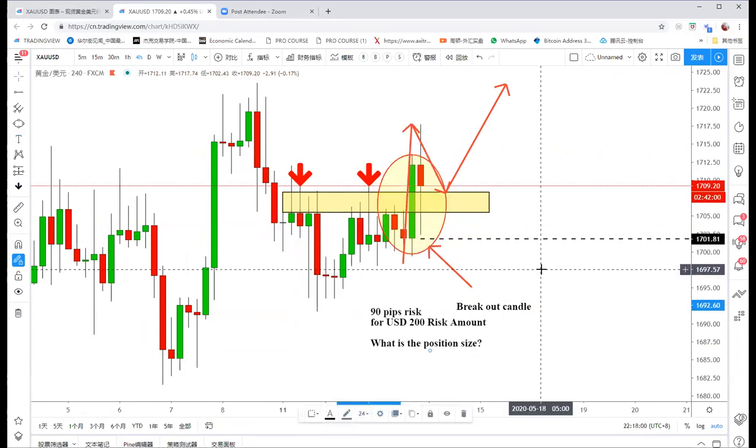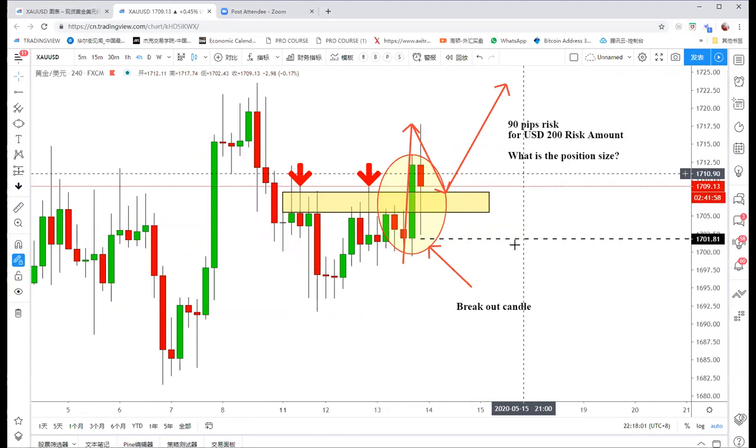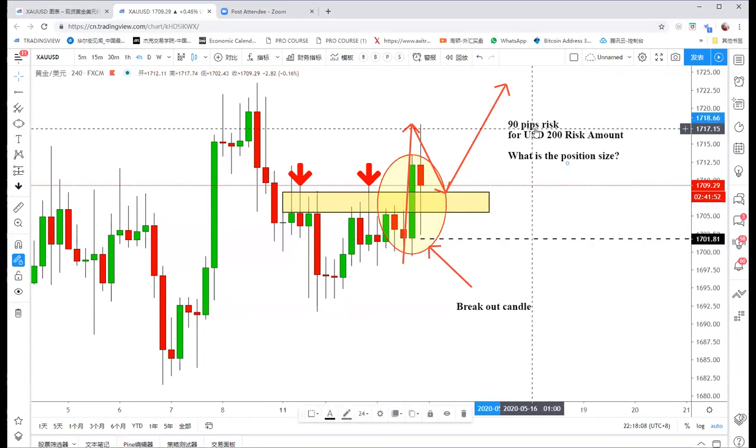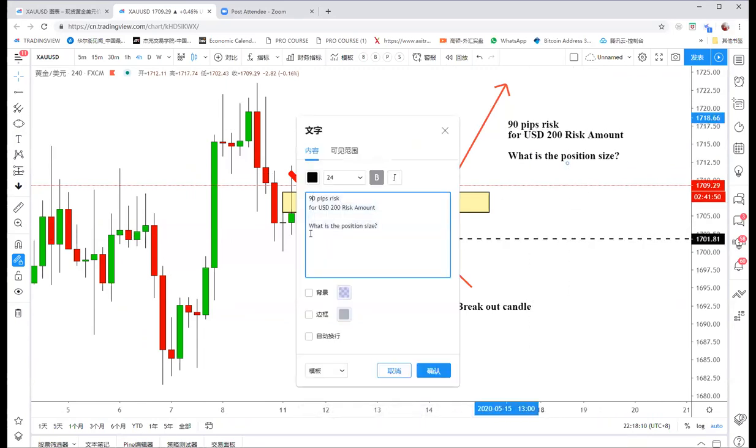Here is a formula. For example, if we buy now at 1709 and put the stop loss at 1701, sorry, it's actually 80 pips. So with 80 pips risk, the first thing is to calculate how much we would lose if we trade one lot.